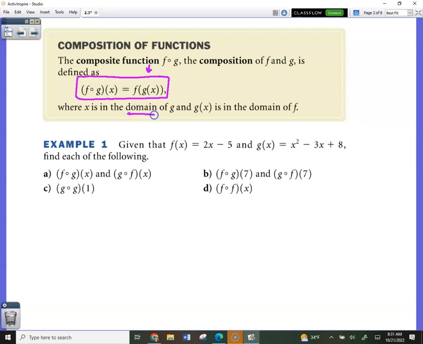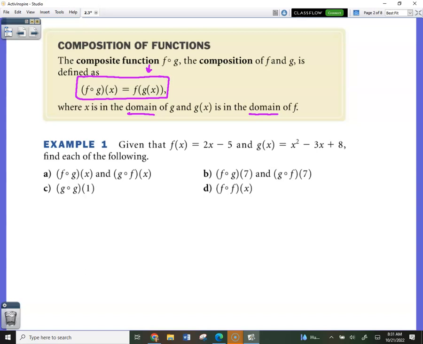You see right here it says domain of g and g of x is in the domain of f. Domain is going to come up because if you're taking two functions and you're doing anything with them, if there are domain restrictions in either one of them, it's going to come up in whatever you do with them, right? So recall that from the 2-2 homework.